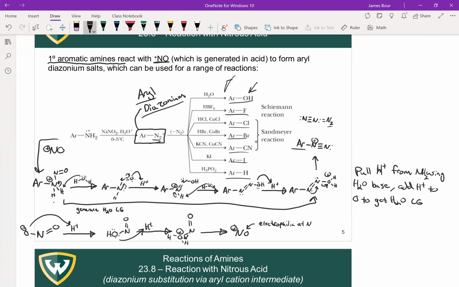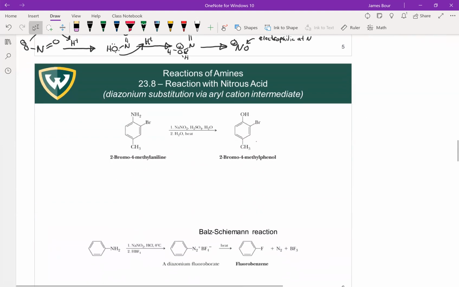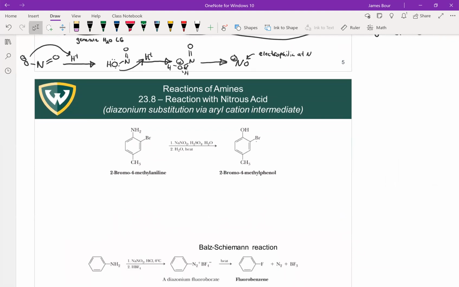And that is the mechanism of diazotization. All right, so you need to know this mechanism. It's a common organic chemistry 2 mechanism that describes a very important class of compounds.